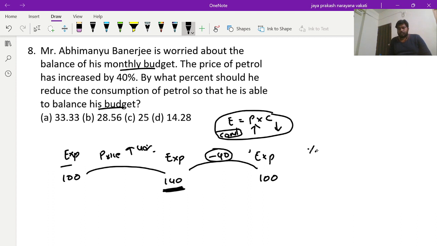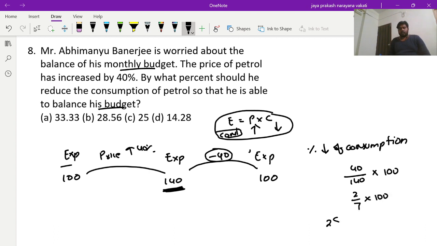So percentage reduction of consumption equals 40 by 140 times 100, which is 2 by 7 times 100. 2 by 7 is 28.57 percent.